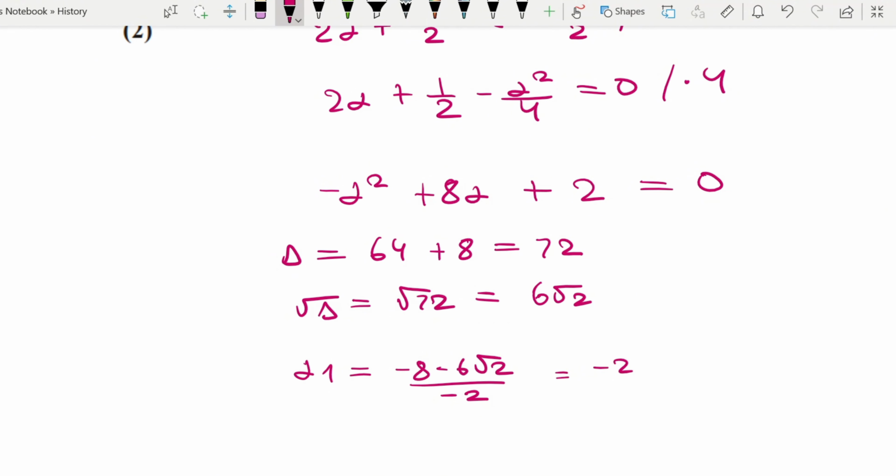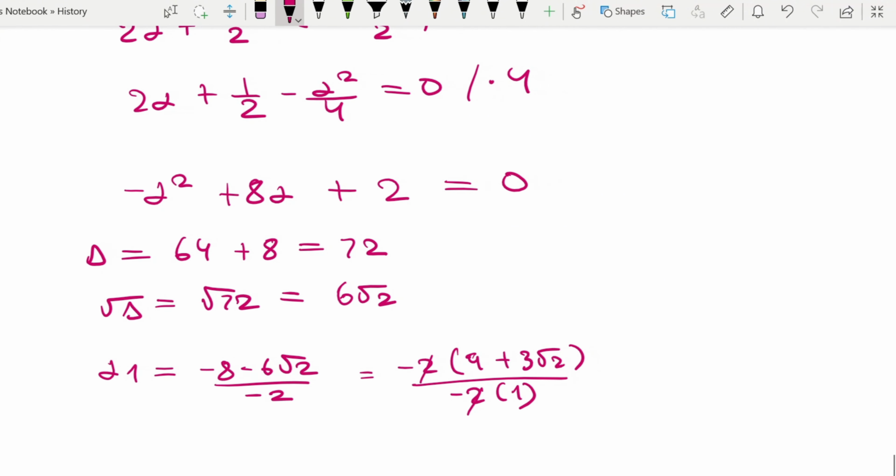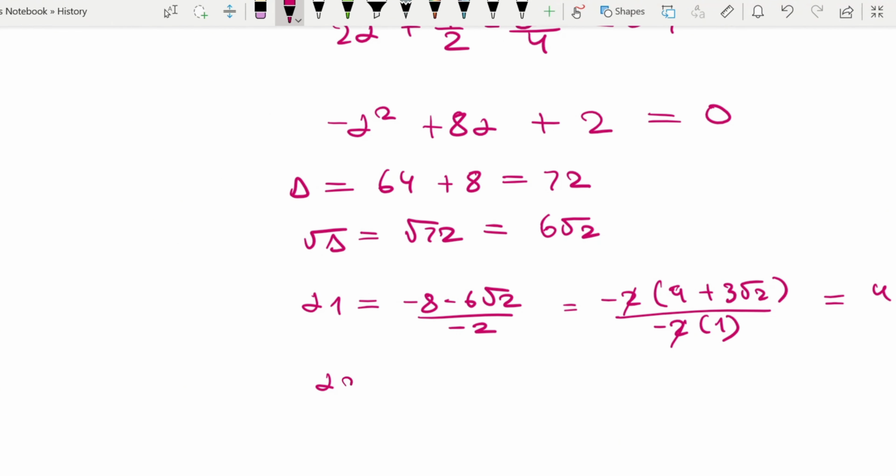So we're going to have 4 plus 3 square root of 2 over 1. Minus minus is going to be a plus, so we're just going to be left with 4 plus 3 root 2. And I'm going to do the same for the other angle, and that's going to be 4 minus 3 square root of 2.